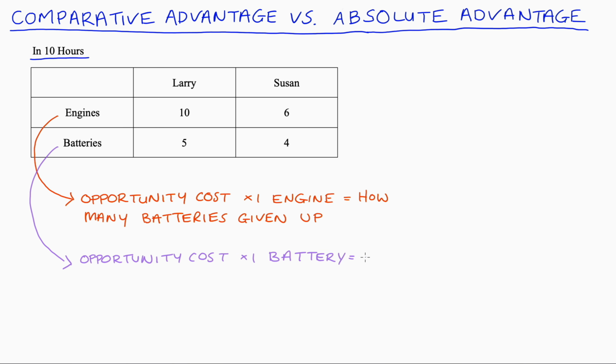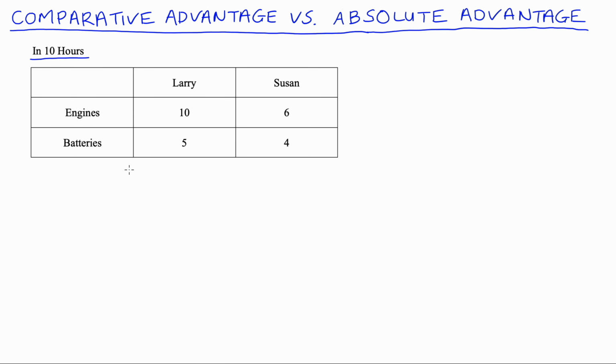Likewise, the opportunity cost of making 1 battery will be how many engines they have to give up as a result of dedicating some of their resources towards the production of the battery and not towards engines.